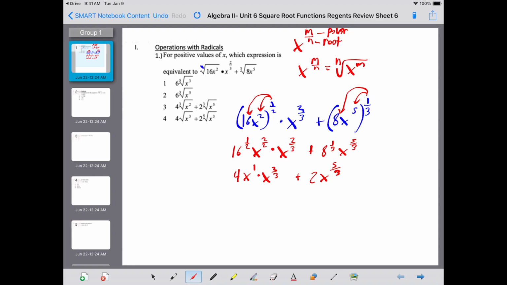Let's simplify. You have a common base, so you could add your exponents as your product law. So 1 plus 2/3, 2x to the 5 over 3. So 1 is essentially saying 3 over 3. 3 plus 2 is 5, so 5 over 3.